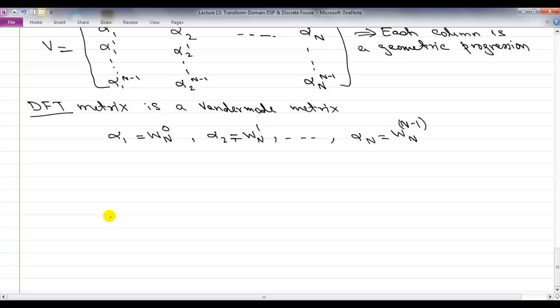You can compare the two definitions, and it turns out it's exactly a Vandermonde matrix with specific alpha 1, alpha 2, up to alpha n.